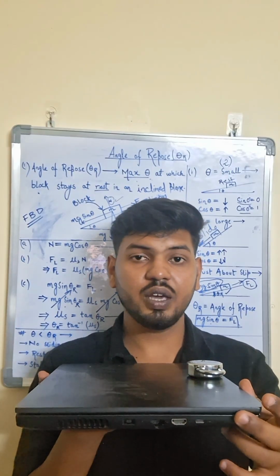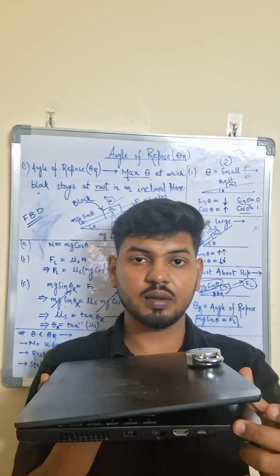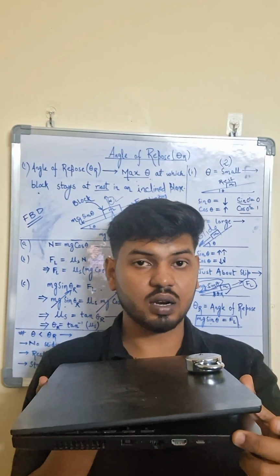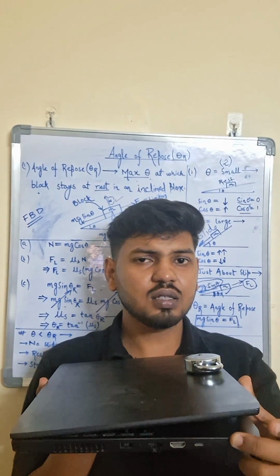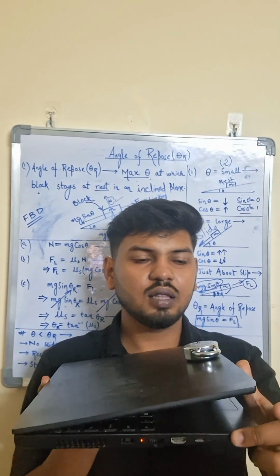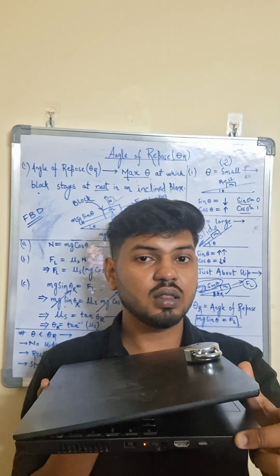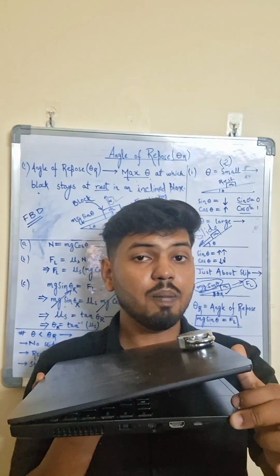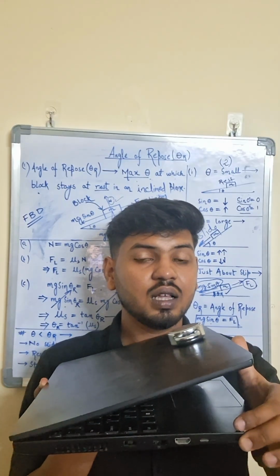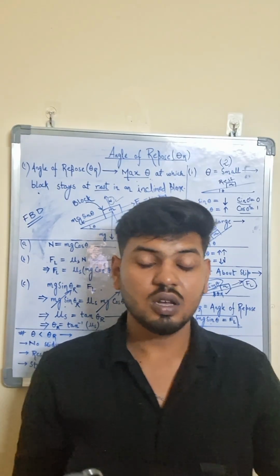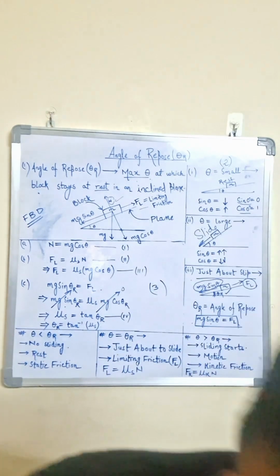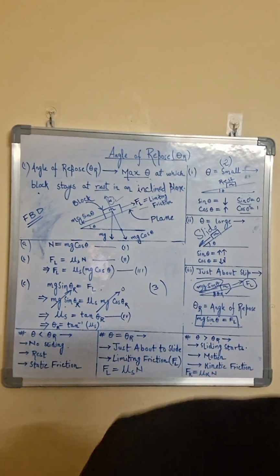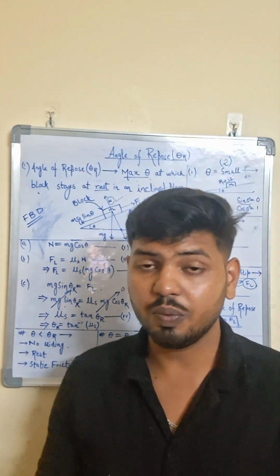So first we give a smaller theta. The object is still at rest. Then if we increase the theta slightly, the object is still at rest. Then if we increase the theta slightly more, the object starts to slide. So with this example, we got some clarity about the concept of angle of repose.